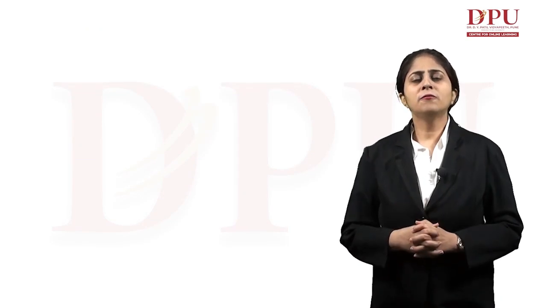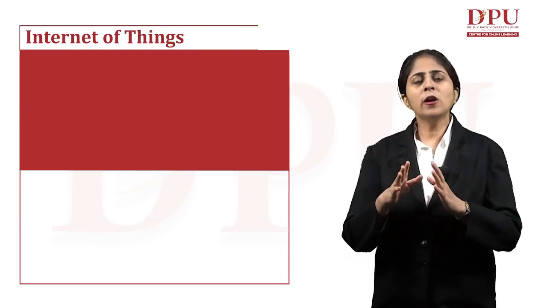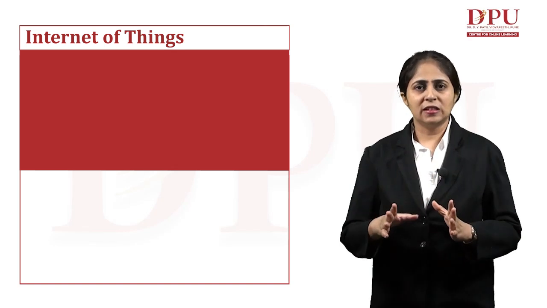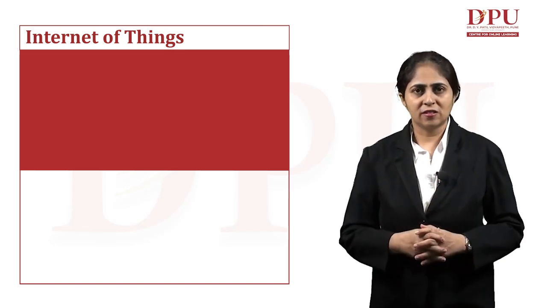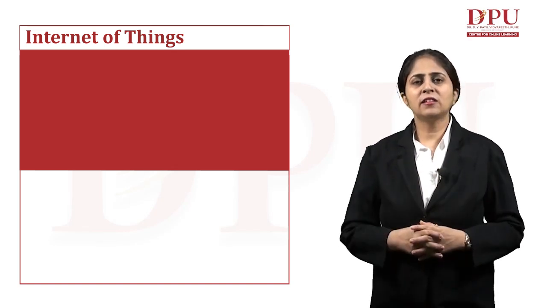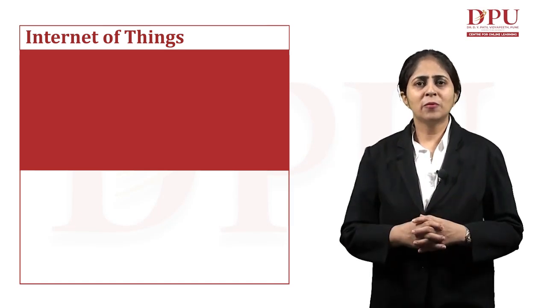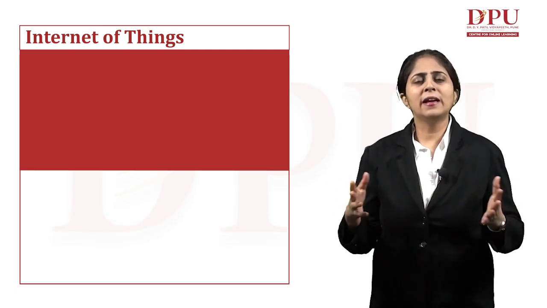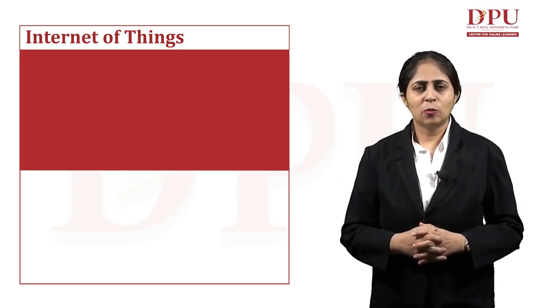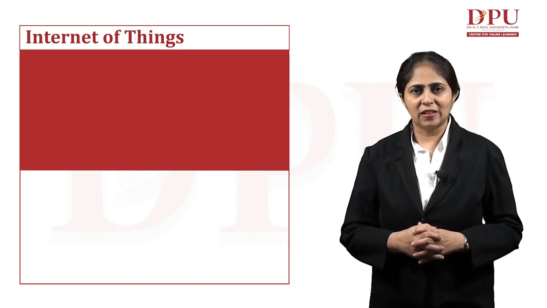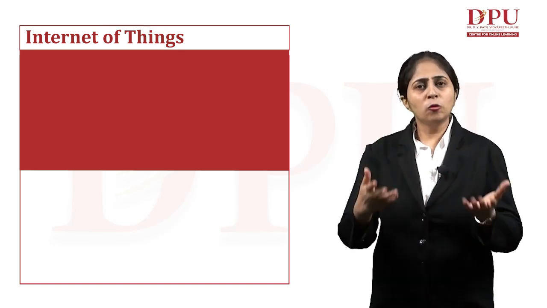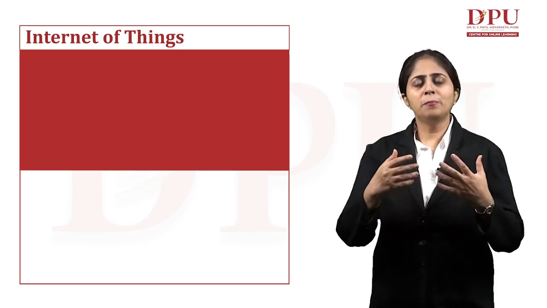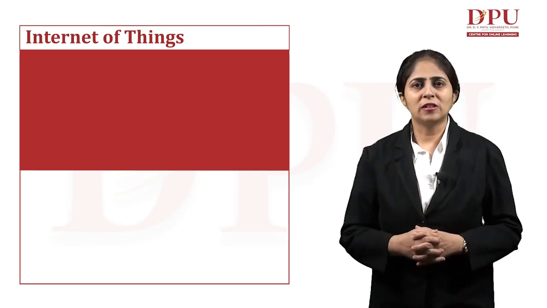So let us first of all understand, what is this IoT, Internet of Things? Before discussing this topic, let me tell you, today we all are surrounded by this IoT. You are knowingly or unknowingly being part of this IoT.